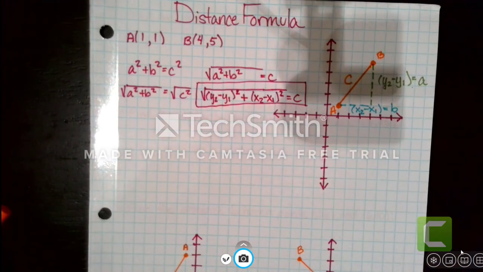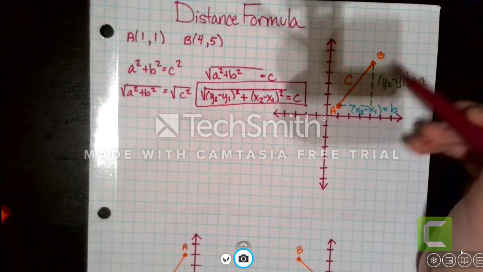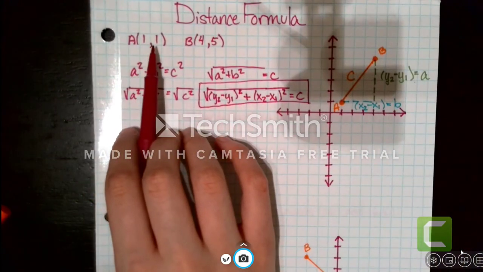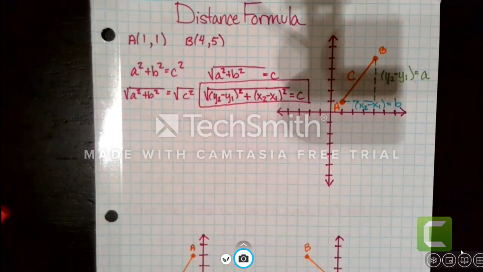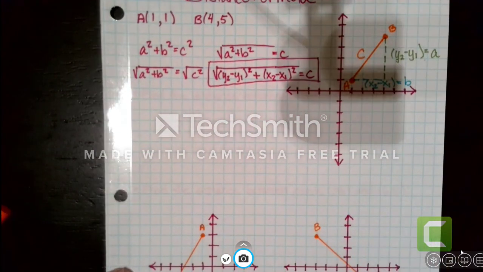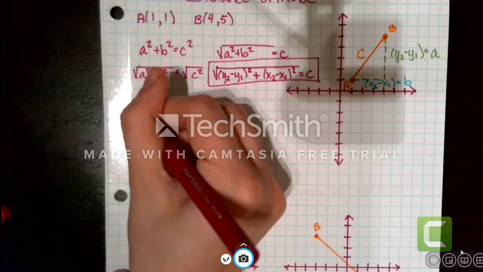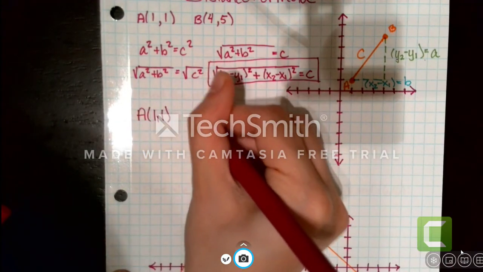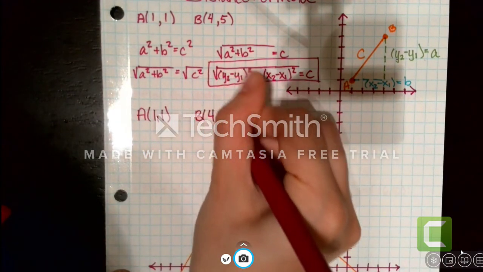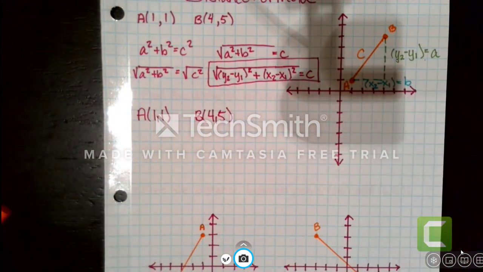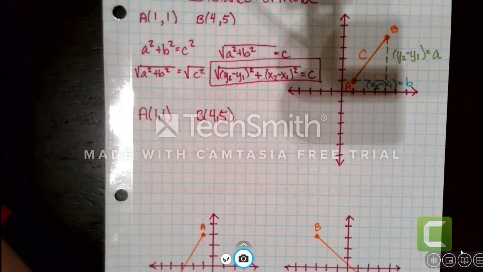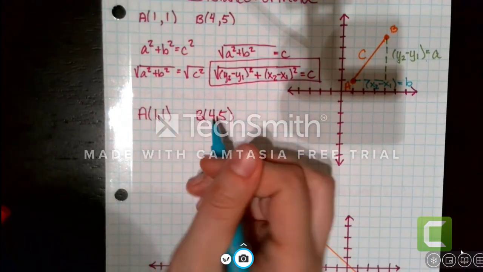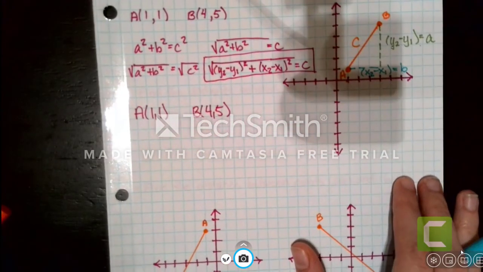Let's practice now with the example we've been working on. So again, point A was 1, 1, and B was 4, 5. I'll rewrite it below to start a new workspace. A, 1, 1, B, 4, 5. Now again, just like with slope, I highly recommend that we write our points and label them just like we have in our formula.